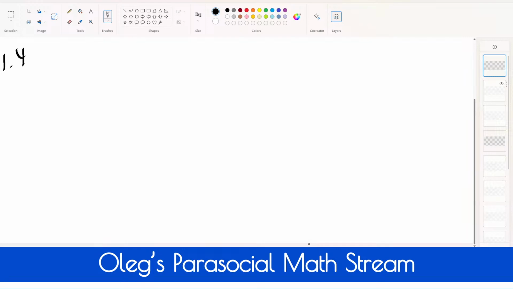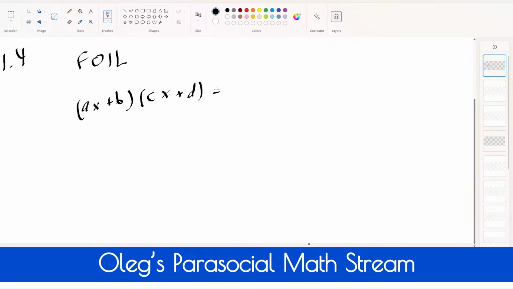Okay, so using FOIL to multiply binomials. All right, we have ax plus b. A and b are constants. C is a constant, x plus d.